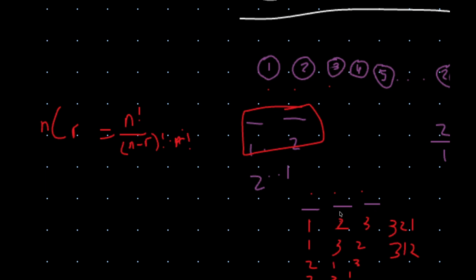So how would you solve this problem? So n factorial, 20 factorial, over 20 minus 3, which is 17 factorial, times r factorial, which is 3 factorial.